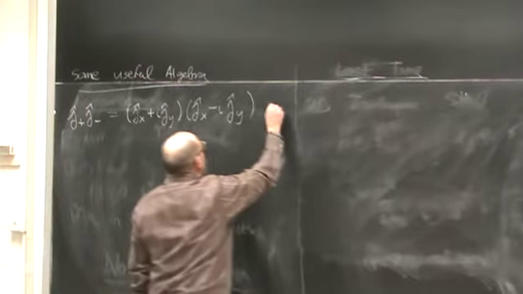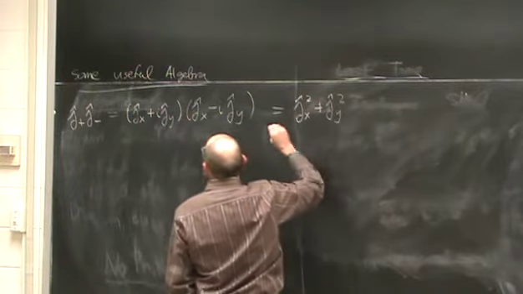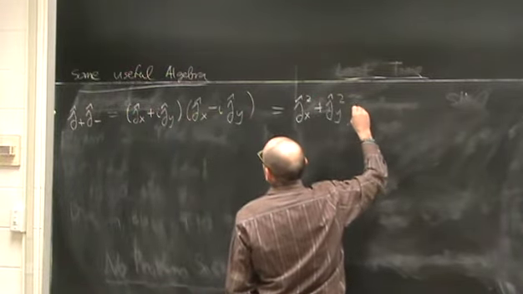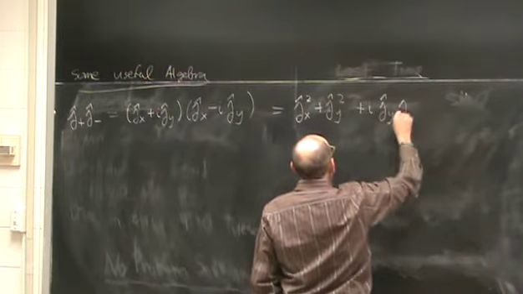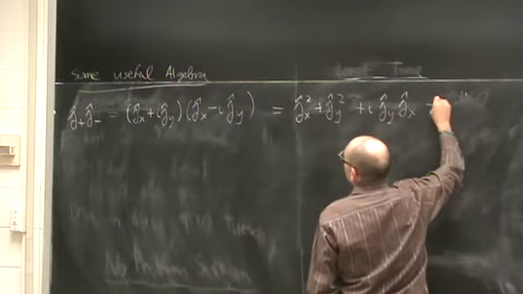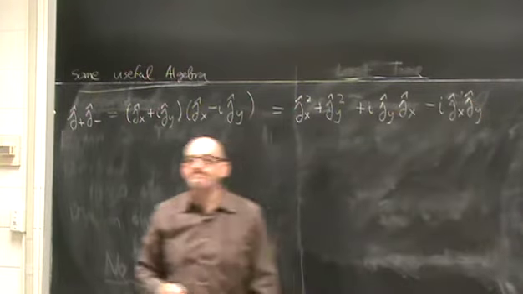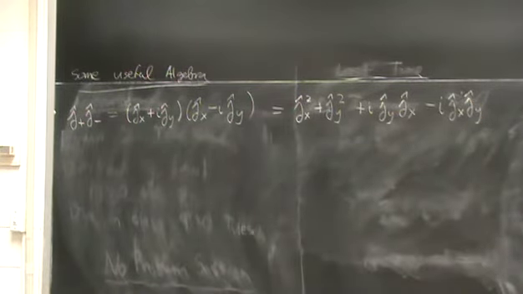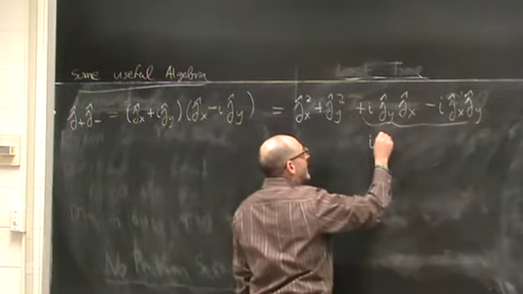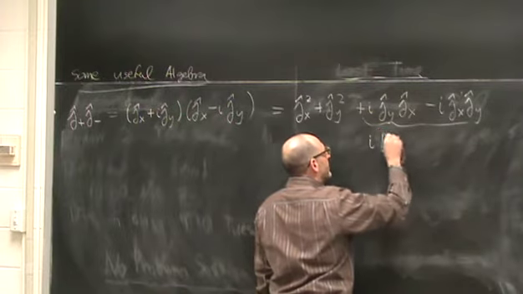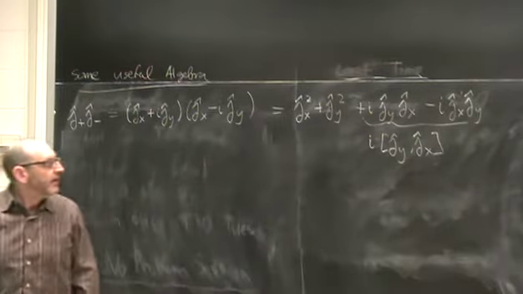And that's equal to jx squared plus jy squared plus i jy times jx minus i jx times jy, right? And this is equal to i times the commutator of jy with jx.